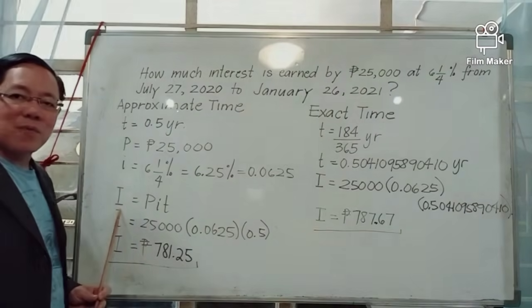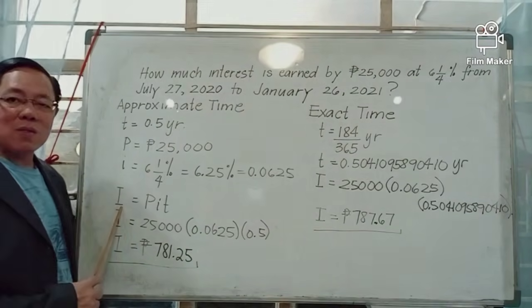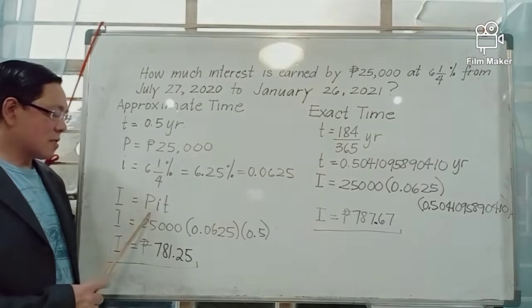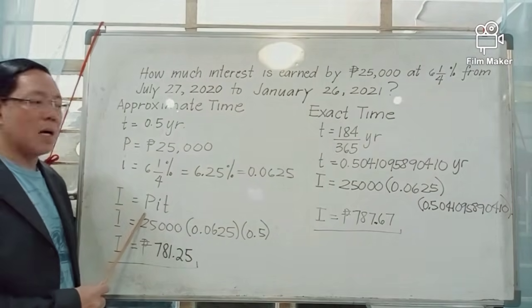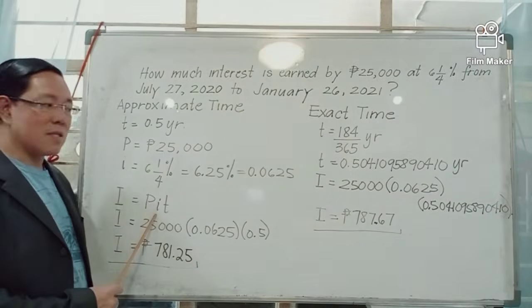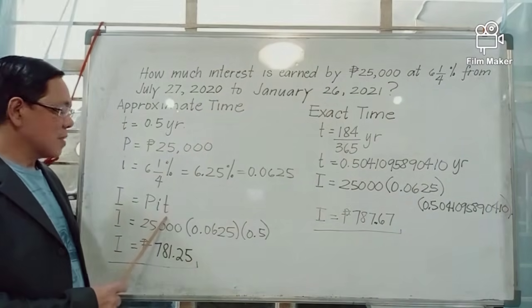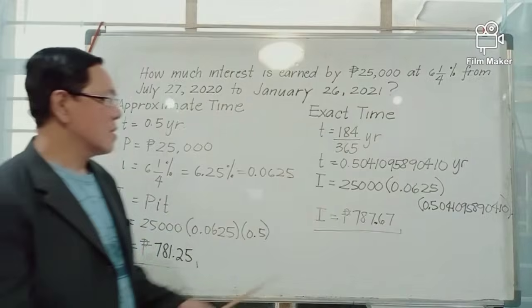Using the formula for calculating the amount of interest, capital I equals PIT, we substitute the principal, the simple interest rate in decimal number, and the exact time.